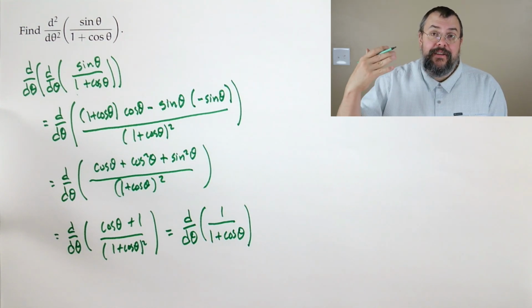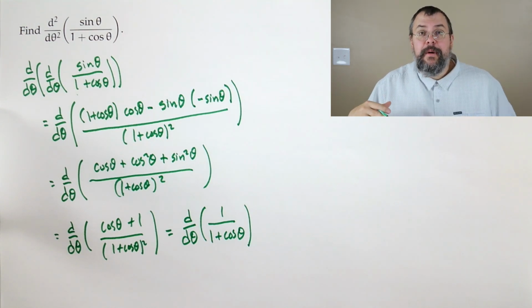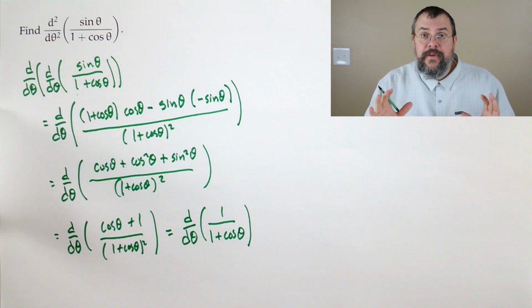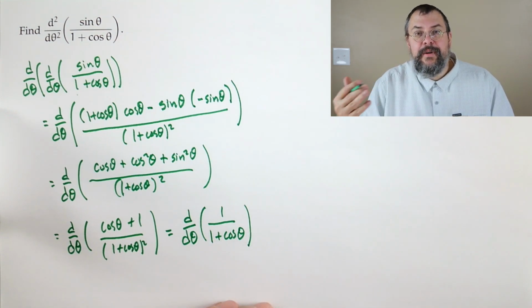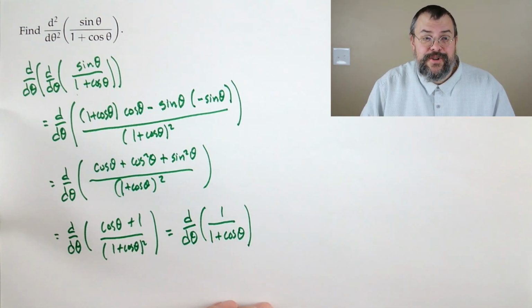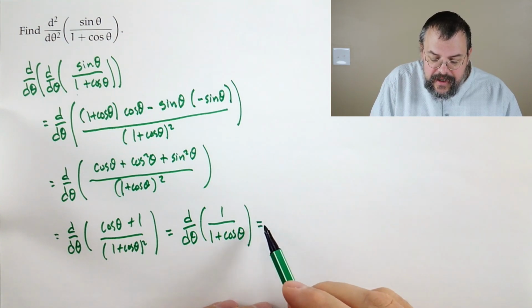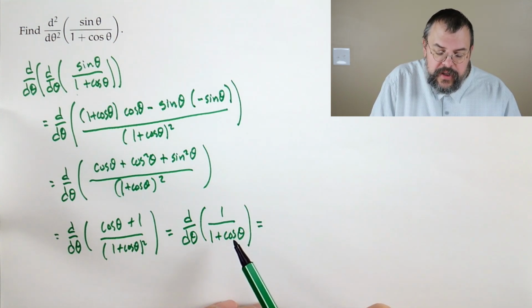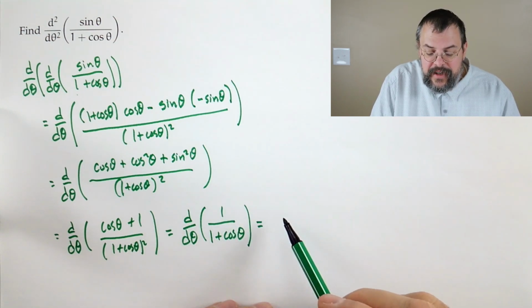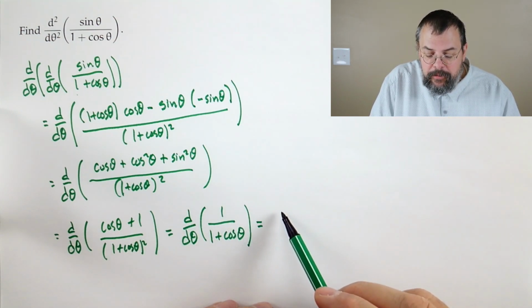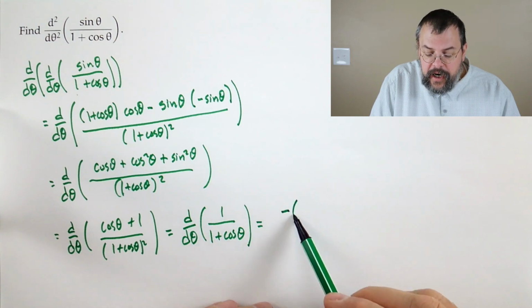Now, you can think of this as a quotient rule, or if you like memorizing lots of rules, you can think of this as a reciprocal rule. The reciprocal rule you can think of as a special case of the quotient rule. If you were to do the quotient rule, you take the bottom times the derivative of the top, which is 0, because the derivative of the top is 0. So you end up with minus the derivative of the bottom.